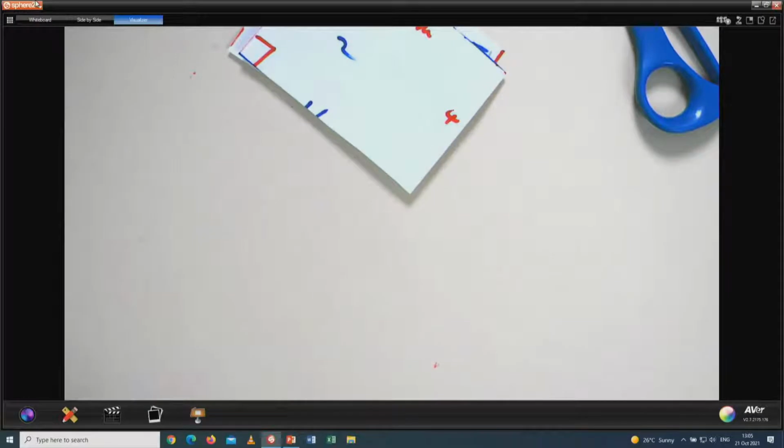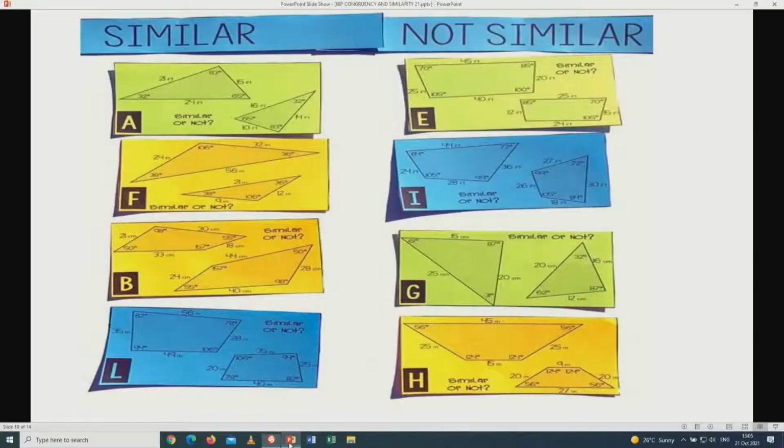Let's go back to the figure that we left here and get deeper into similarity. Let's look at this one. It says similar on the left. That triangle is bigger than this one. But let's see what they have in common.